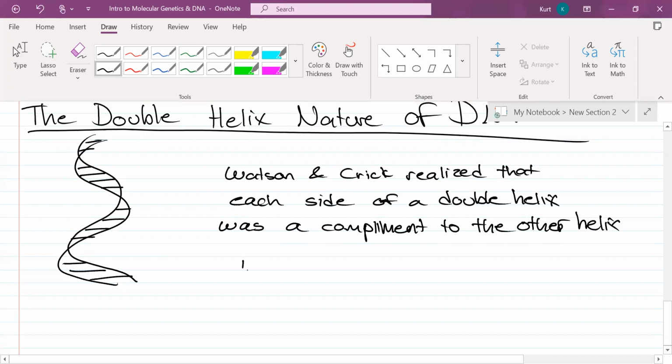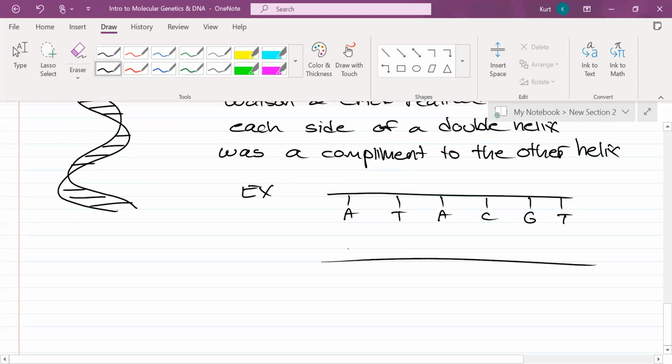So for example, if you had a strand that had A, T, A, C, G, T, the other strand is going to have the complement T, A, T, G, C, A. So this goes back to Chargaff's Rule.